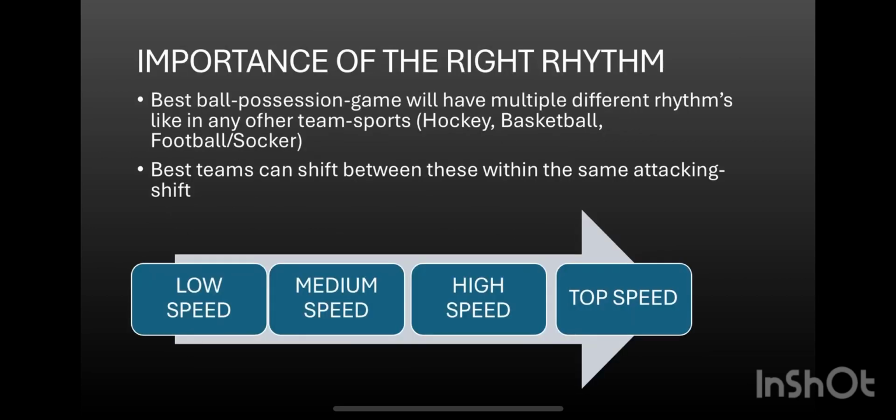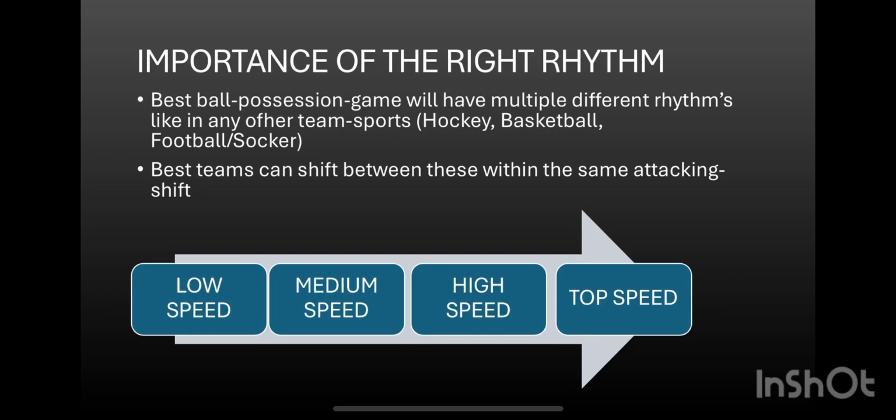This is also a very important factor on posing a threat from the build-up phase or the game opening phase. And it means that you need to have different kinds of speeds and paces that you are moving around the field as a unit, and you need to be able to shift between these speeds.